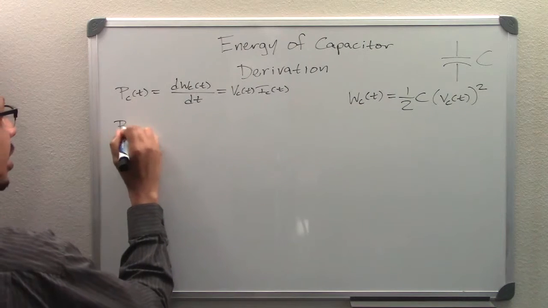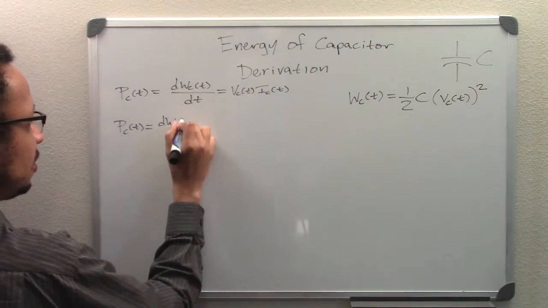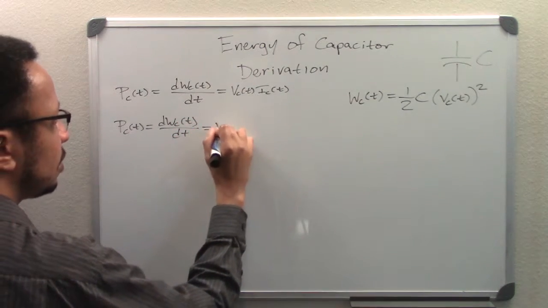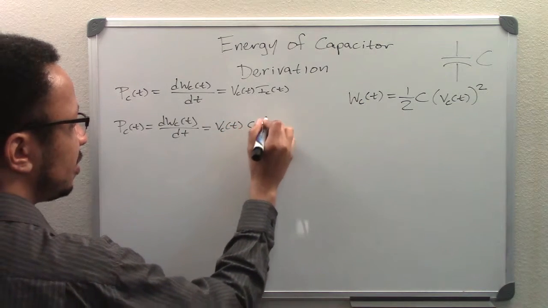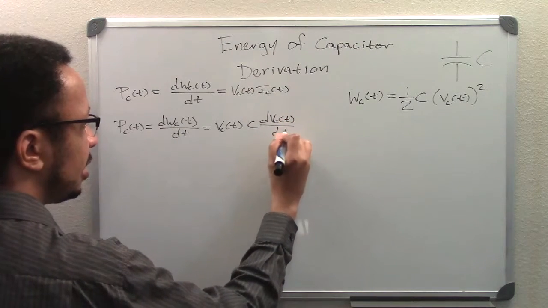So now that gives us Pc of t equals dWc of t dt equals Vc of t, and now we have C dVc of t dt.